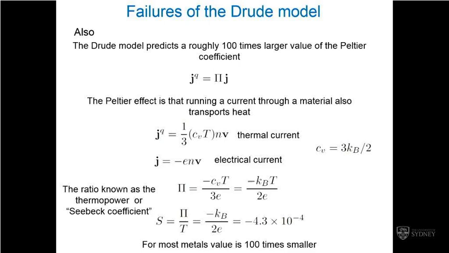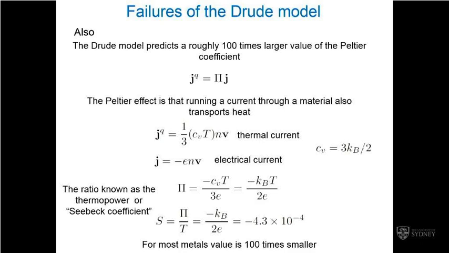The thermal current is given by a third specific heat, temperature, conduction electron density times the velocity. That's the thermal current, and we already derived the electrical current. So these are the two expressions for the current density.